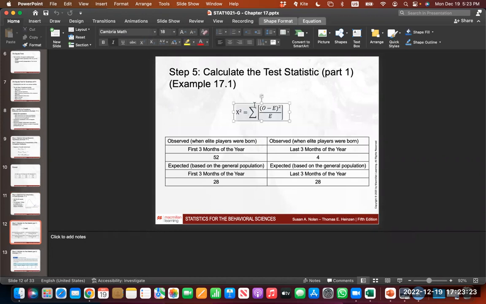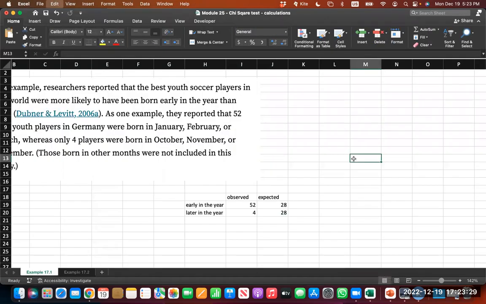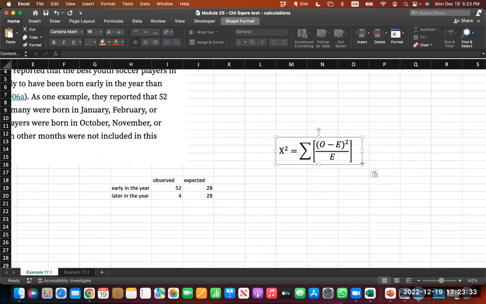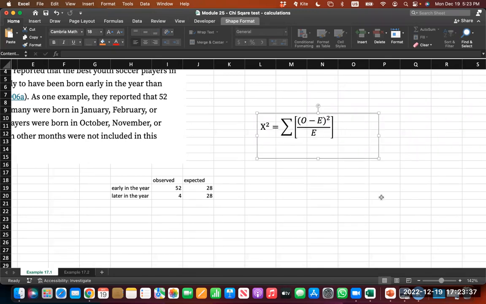This is the calculation of the chi-squared, and that's the heart of today's example. We have this formula, and let's digest it for a second. It's not that complicated. It's really considerably simple. Chi-squared is calculated as the sum of observed minus expected, squared, divided by expected. What does that mean?